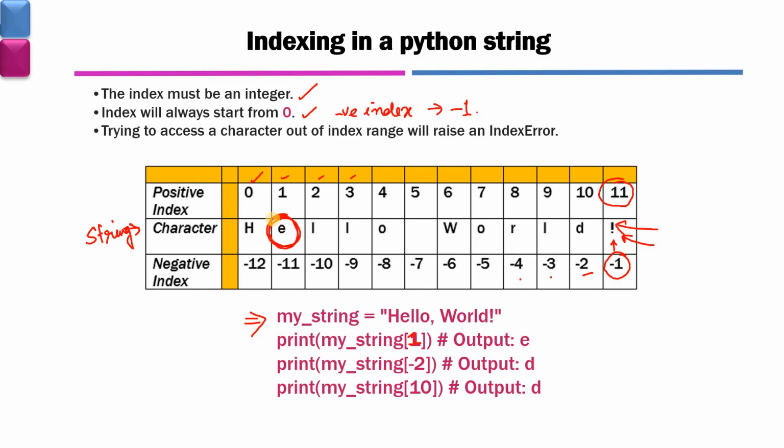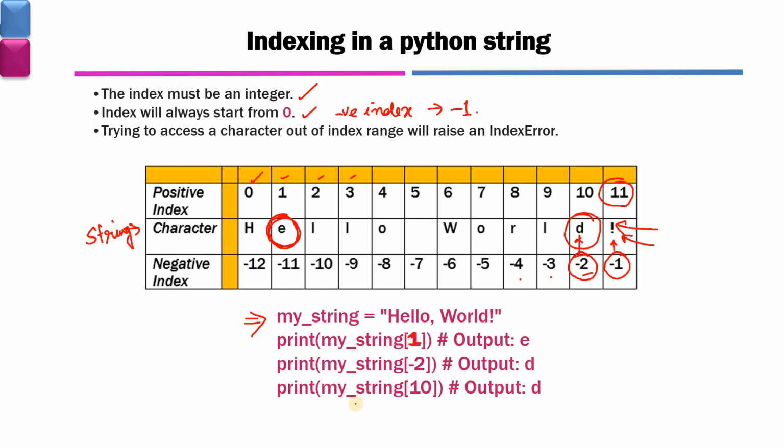That means you are accessing individual characters using this indexing. Now suppose we are using negative indexing, then my string -2 will give you D, right? Because -2 means D. So print my string -2 will give you D only. Understand?